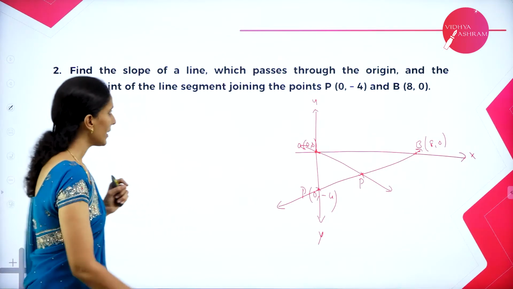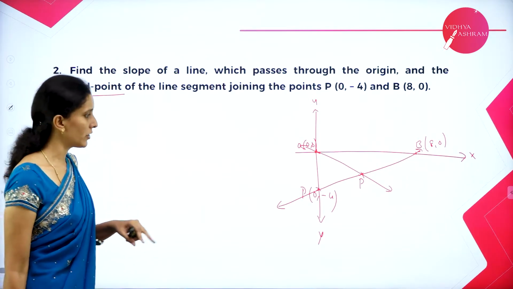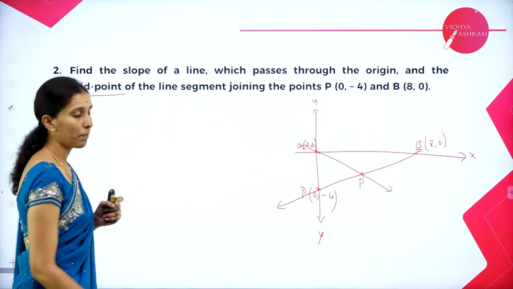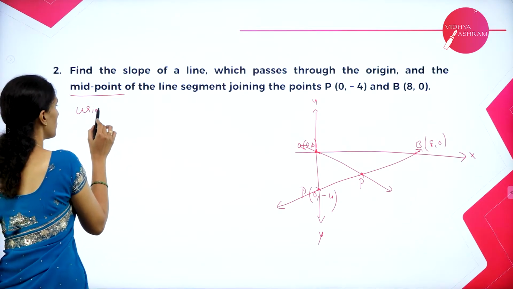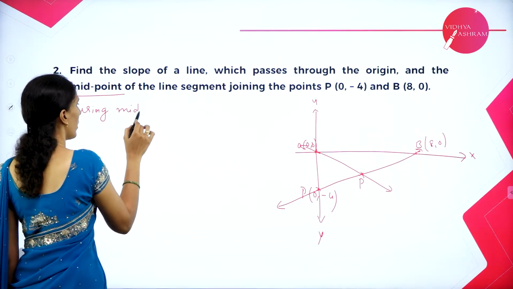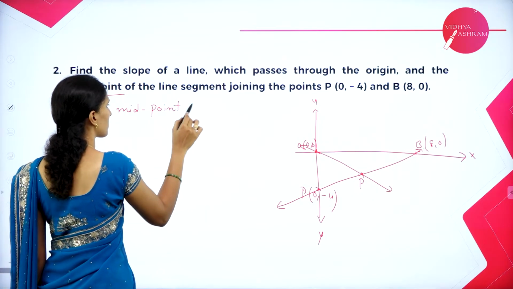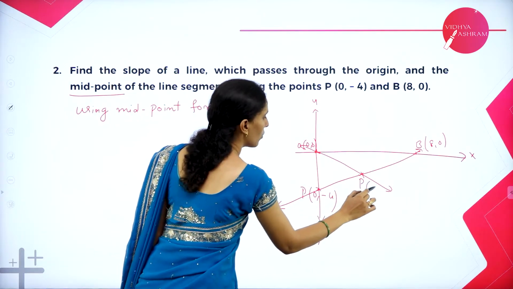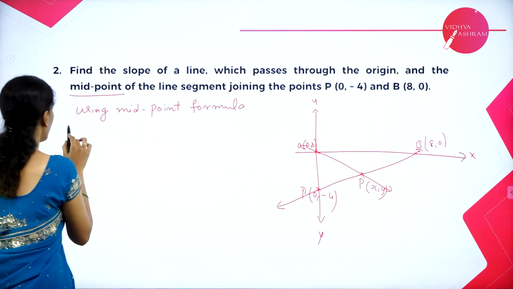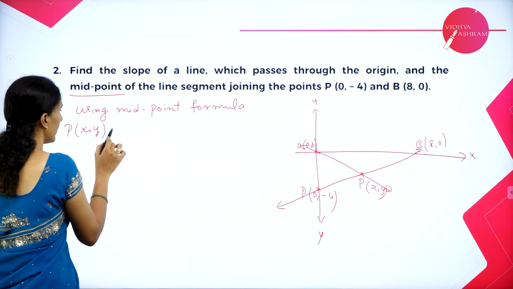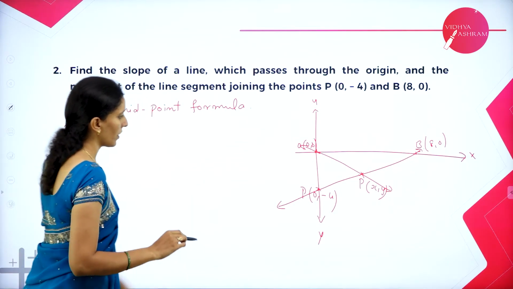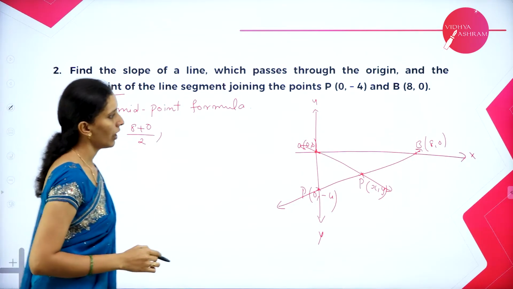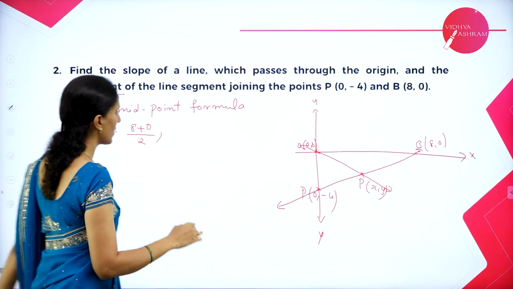They have given that it is exactly at the midpoint, so the point P is dividing the line exactly in the middle. So using the midpoint formula, if I take this as coordinate x, y, then P of x, y is (x2 plus x1) by 2, that is (8 plus 0) by 2, and the other one is (minus 4 plus 0) by 2.